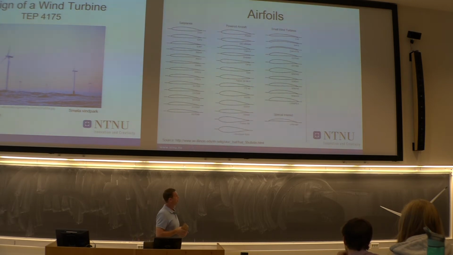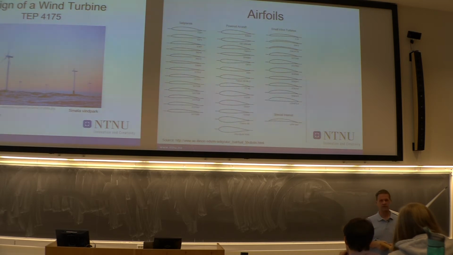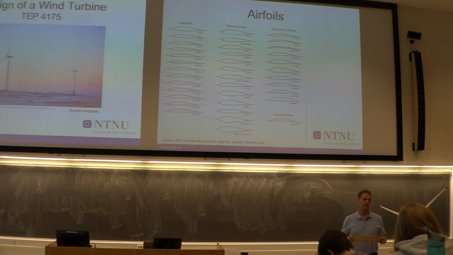If you look at different types of use of airfoils, you find different airfoils. For some airfoils you find information, for some you don't, because it's classified. We will give you airfoils and all the data for the airfoils in this class.